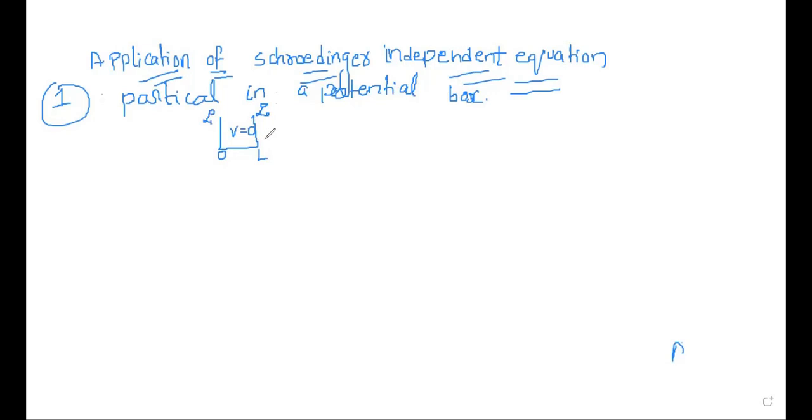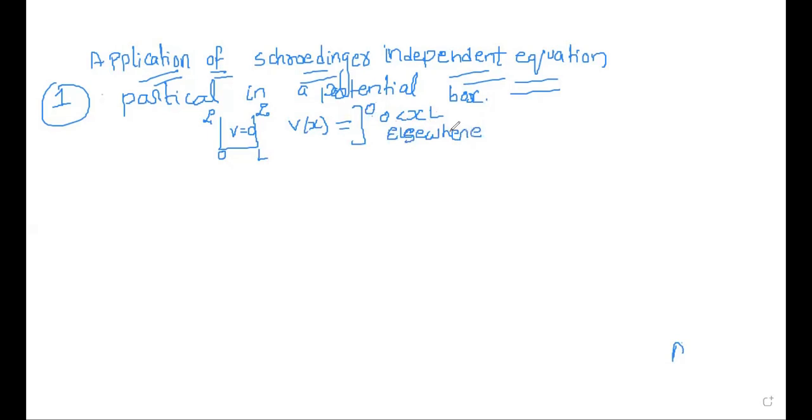There are two conditions for V of x. The particle may lie between 0 and L, where V of x is equal to 0, and elsewhere it may be infinity.